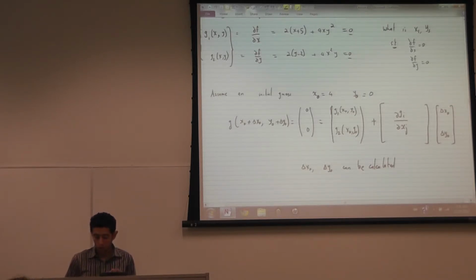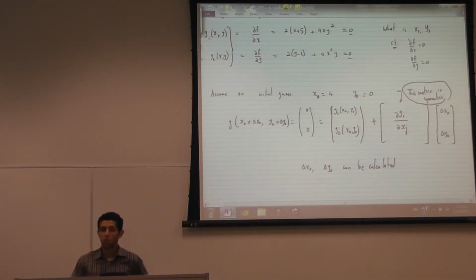What is important to see in this problem is the fact that this matrix is symmetric. Now, why is this matrix symmetric?